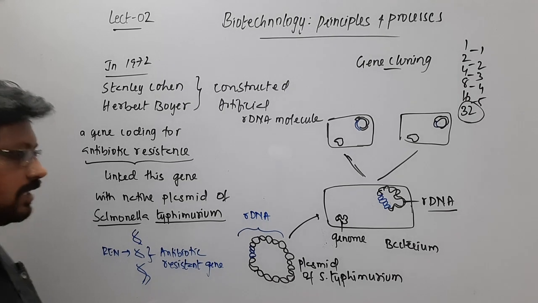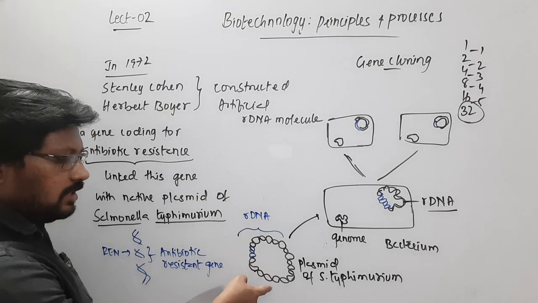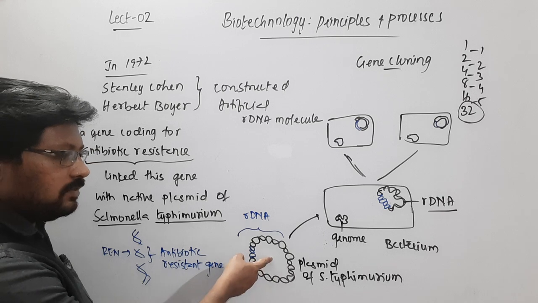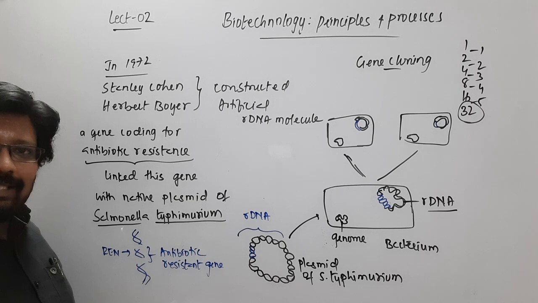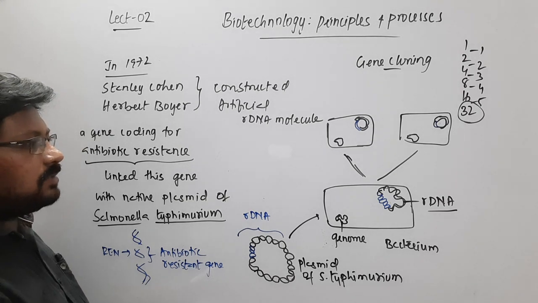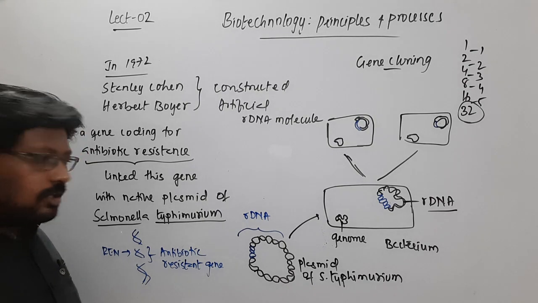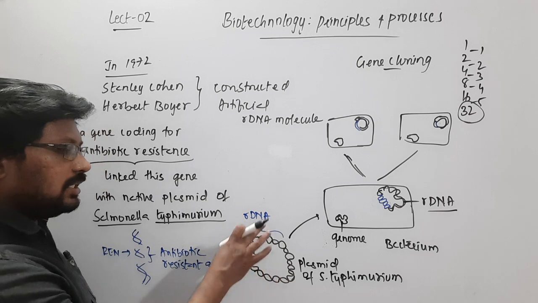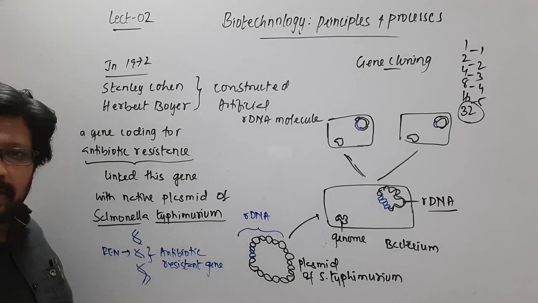Now, after linking this gene of interest with the plasmid, I told you that plasmids are self-replicating. How are they self-replicating? Because they have something called the origin of replication. So we should ensure that the plasmids have that origin of replication while constructing.